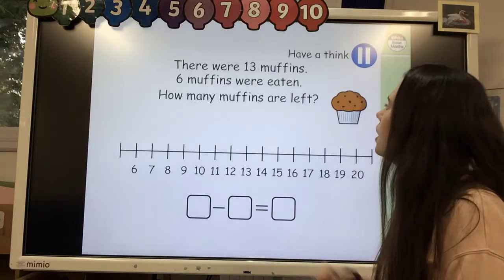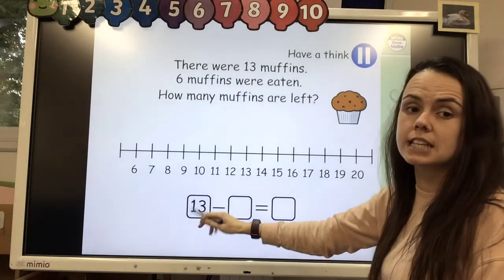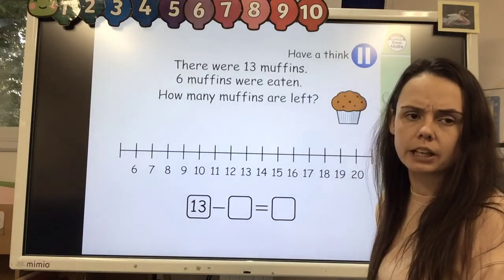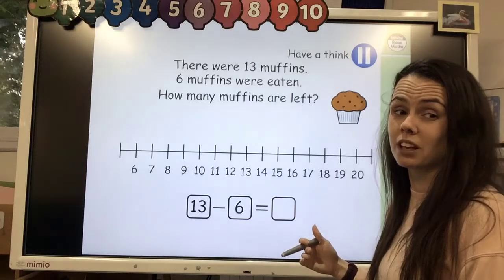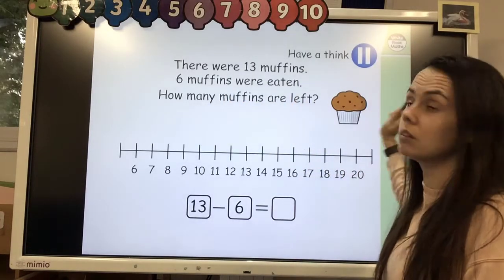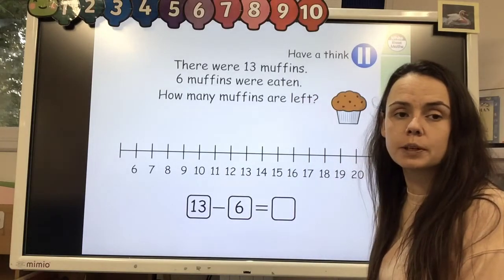Okay, remember. 13. There were 13 muffins. So we need to put 13 in our number because that's what we're starting with. Now, how many did Mrs. Stone eat? 6. She's going to feel sick. 6 muffins were eaten by Mrs. Stone. So there was 13, she's eaten 6. How many have we got left?